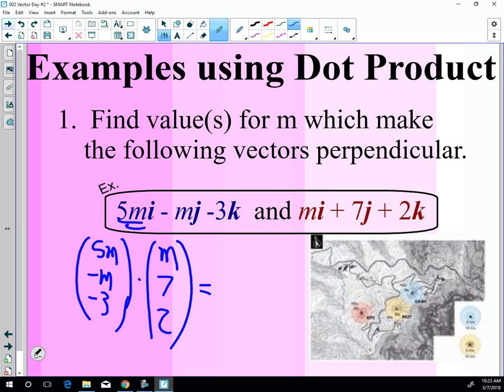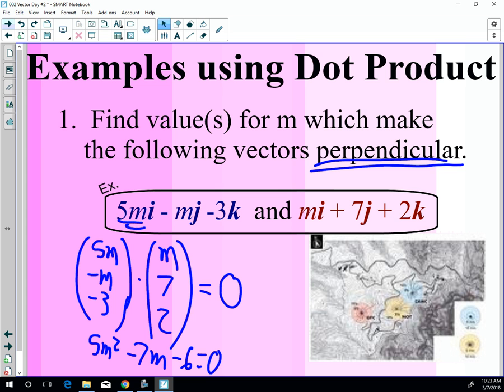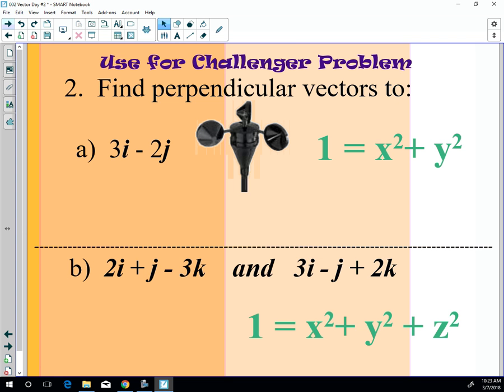If they're perpendicular, that should be equal to 0. So all you do is go 5m squared minus 7m minus 6 equals 0, and you can factor and find the m that makes that true. Just a little side problem.